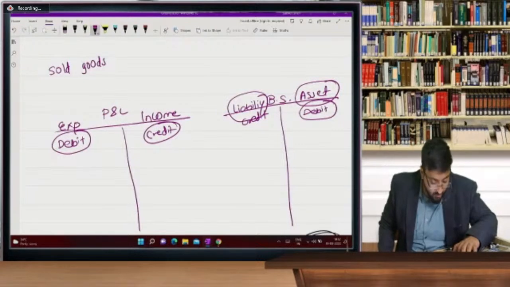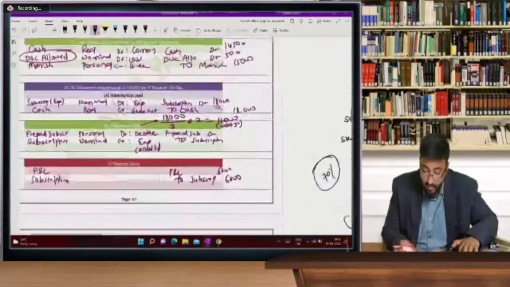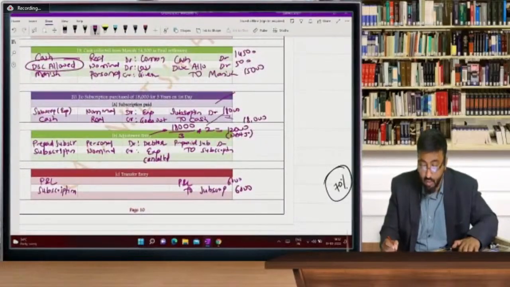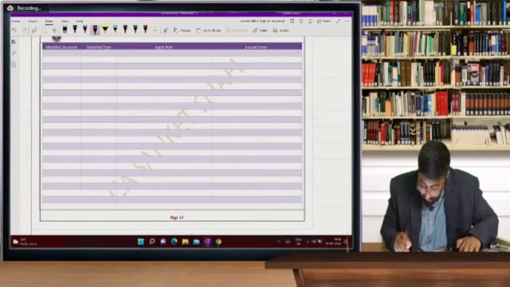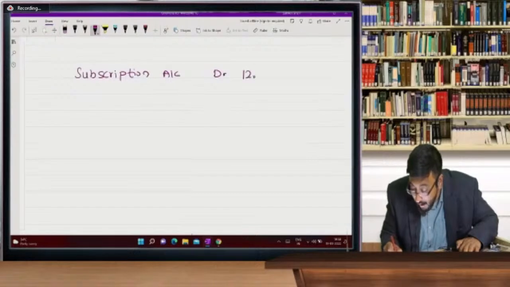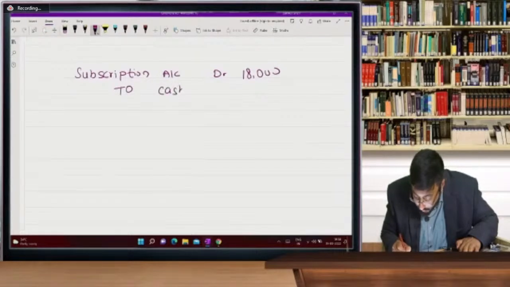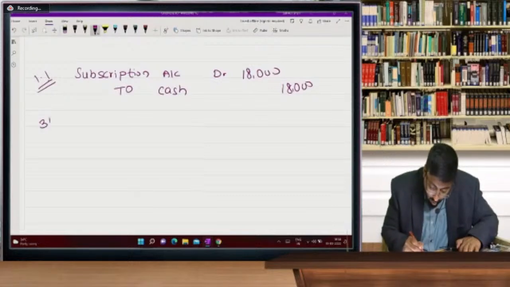Joint entry, yes, possible. पूजा जी देखिए बेटा, ये जो सब्सक्रिप्शन अकाउंट था, मैंने 18,000 पेमेंट किया, तो बेटा सब्सक्रिप्शन अकाउंट डेबिट टू कैश. Now beta, we are moving to the next step of our accountants. Yes, 18,000 to cash 18,000. This I passed on 1st Jan or 1st April.